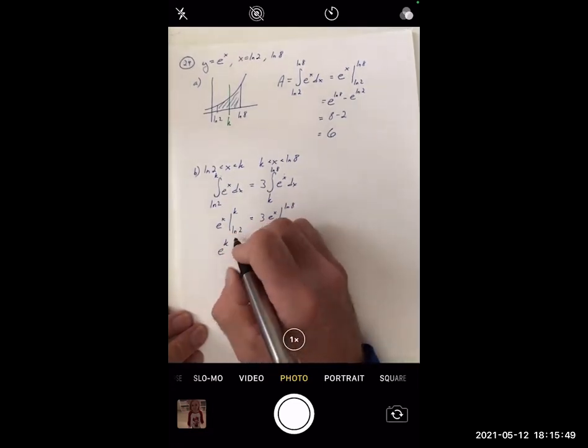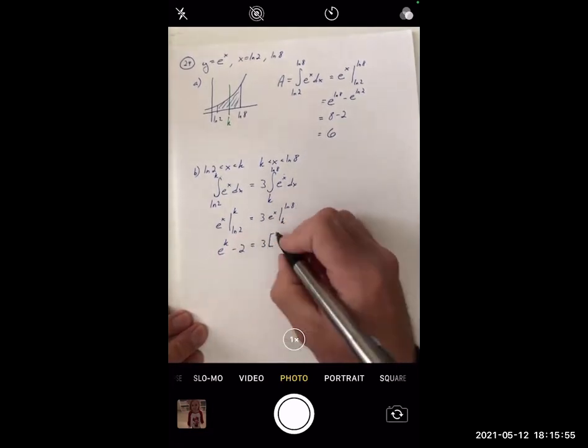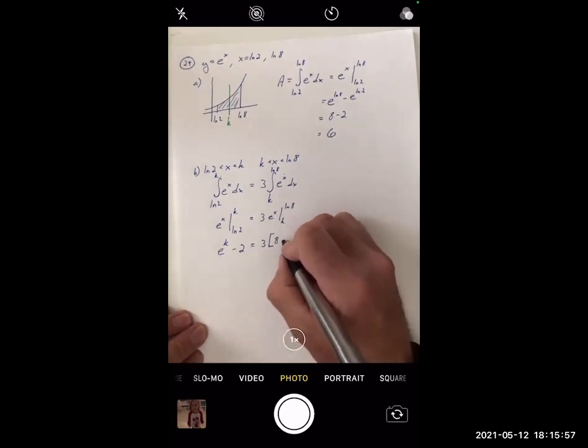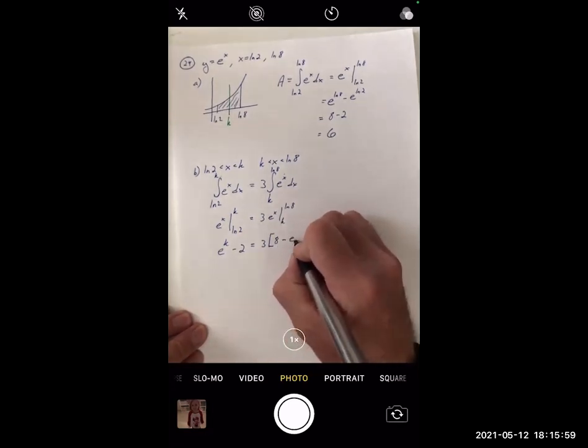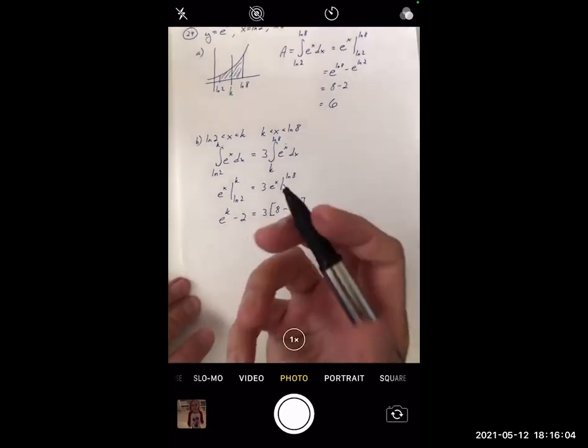So e to the k, if you plug in ln of 2, it's just 2. Plug in ln of 8, it gives you 8. And then you're solving for k.